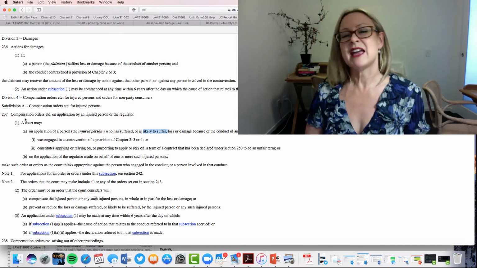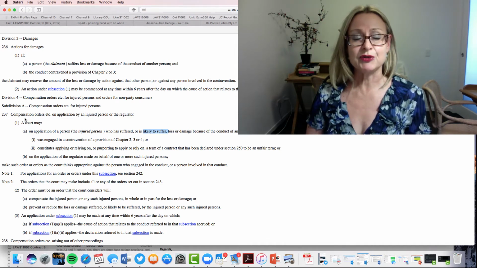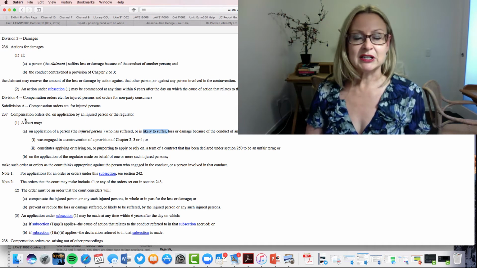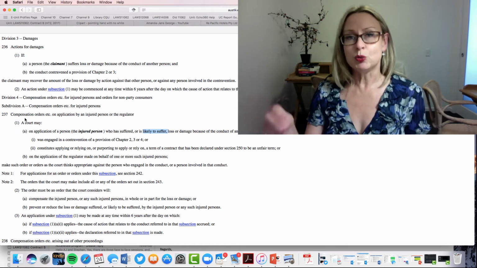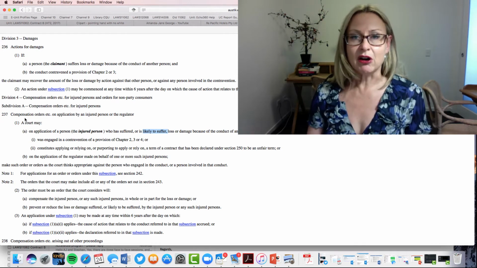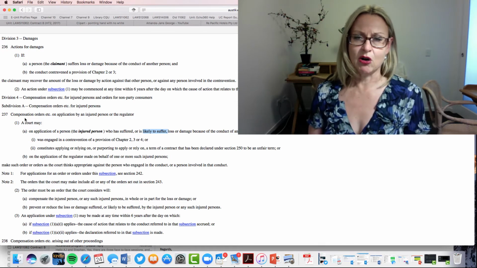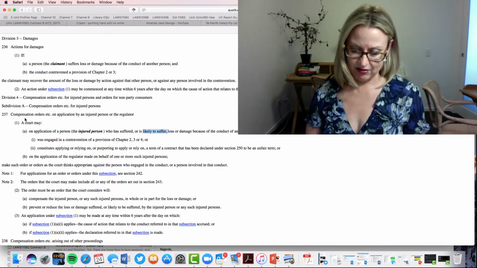The only way that you can get expectation losses is if you can show that but for the misleading or deceptive conduct, you would have entered into another contract and you would have had the benefit realised by way of that other contract. So essentially, you're looking at the lost opportunity kind of measure for damages there.